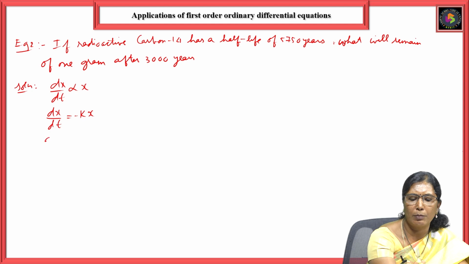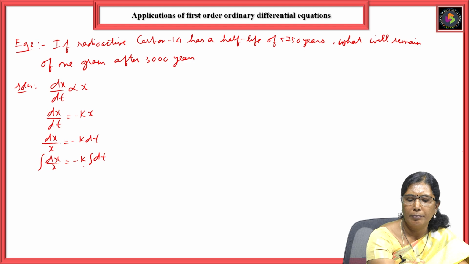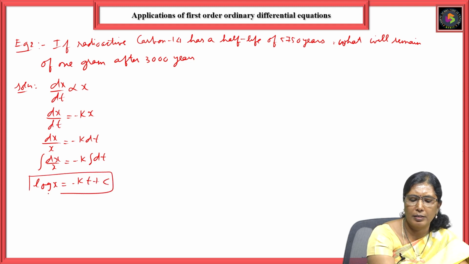Separating the variables, dx by x is equal to minus k dt. Integrating on both sides, the integration of dx by x is log x is equal to minus kt plus c. Since it is decay, we should take negative here.